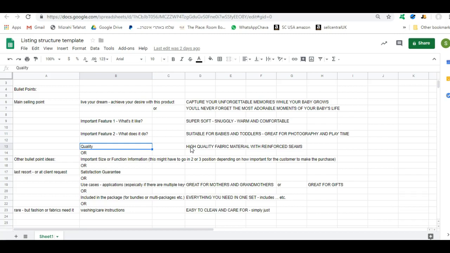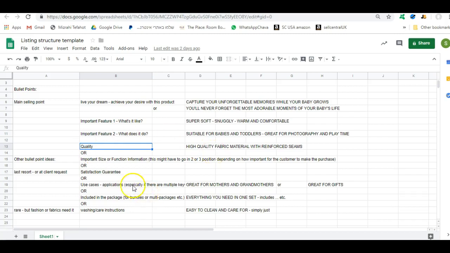Now a few other ideas you want to talk about. If there's important size information or function information, depending, sometimes in fashion especially, you want to put the sizing up maybe in the first 3 bullet points so that the customer knows that right away. And a lot of times that's what they're searching for. So you don't want them to have to scroll down, and they might lose it, because when they scroll down to see the product description and find out the sizing information, Amazon shows them all kinds of other competing products, and then you've lost them, because maybe your competitors have a nicer picture or whatever it is.